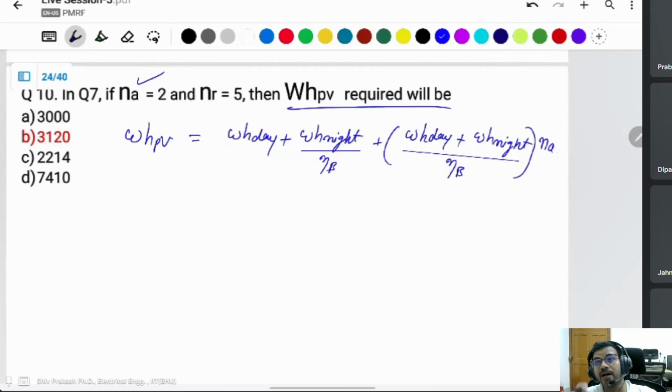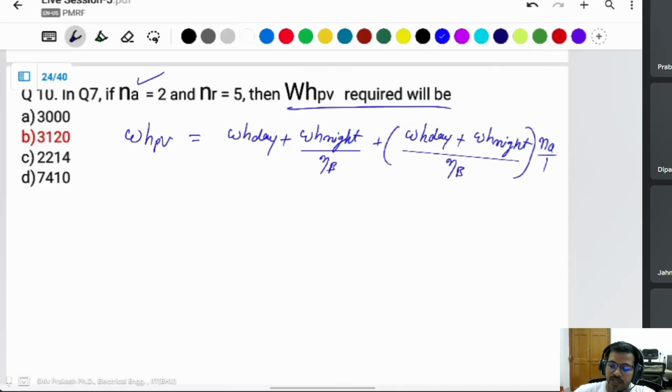Nr is 5. Nr means how many days it takes to fully charge that battery. Suppose you want to recharge in a single day, then that is divided by 1, meaning that amount of power should be stored in the battery.